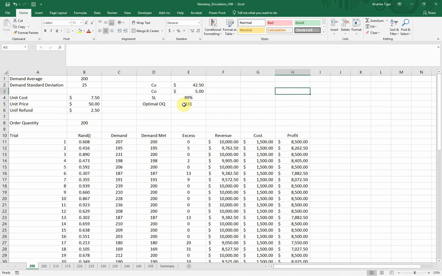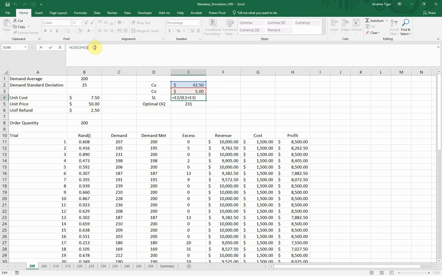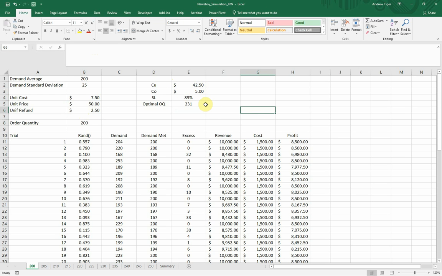And my cost of having too much, so if I have too many of these, is the unit cost minus my salvage. And then from those, you can calculate an optimal service level by just taking CU over the sum of CU and CO. So what it's telling me is that the service level I should try to achieve is about 89%.